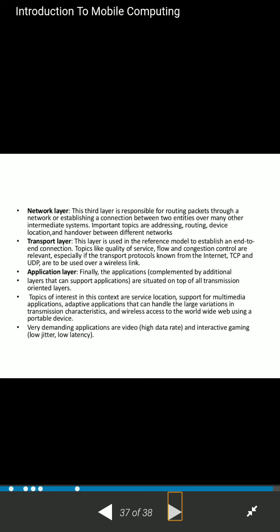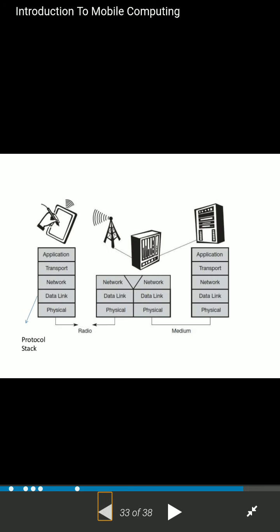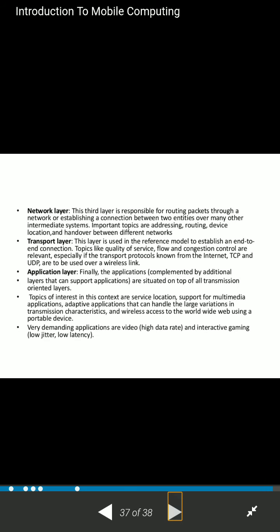Coming to one more layer, the transport layer. In the transport layer, the main aim in the simple reference model is end to end communication. It is the most important.